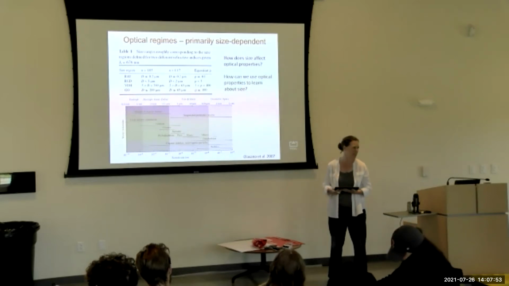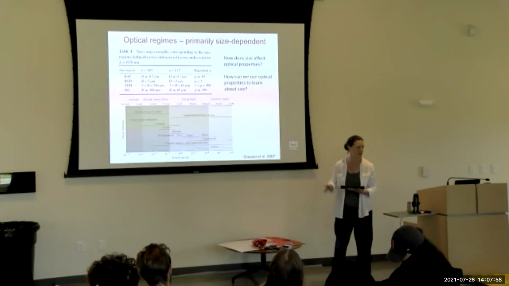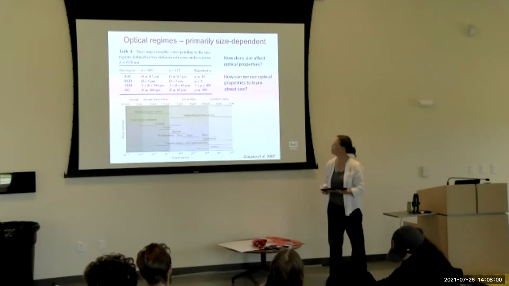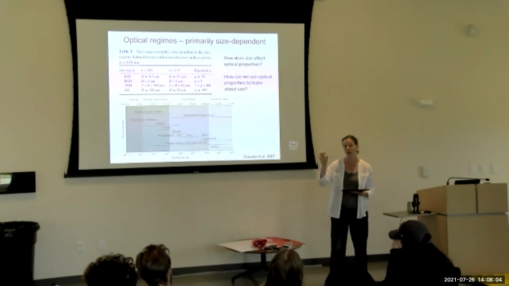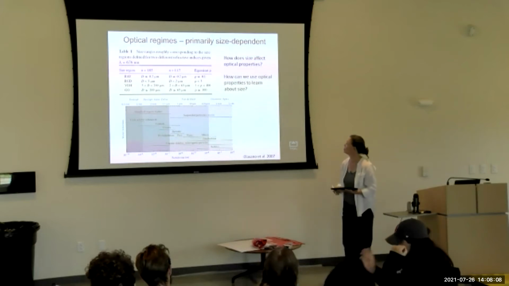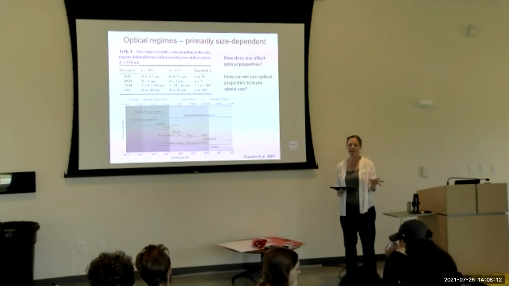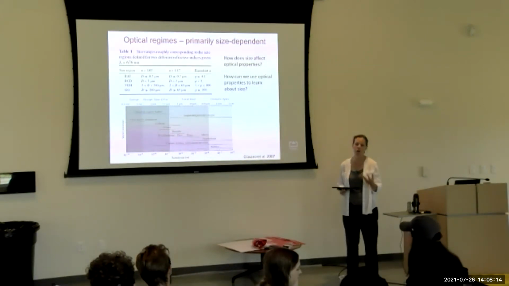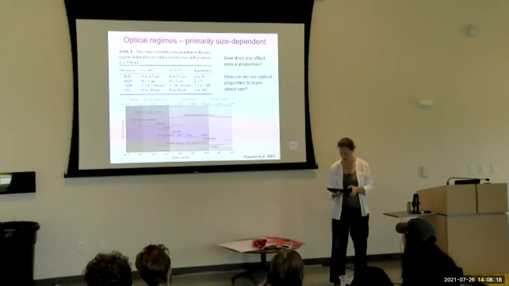I think we're going to get into this a lot more this afternoon, so I'm not going to spend a whole lot of time on these approximations, but there are different size, refractive index, and phase shift parameter limits on ways that you can approximate Mie scattering. Big questions, though, are how size affects optical properties, and how we can use these optical properties, in an inverse way, to learn about size.